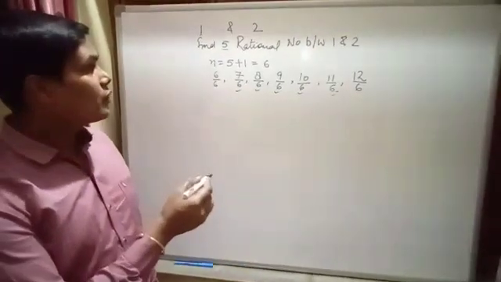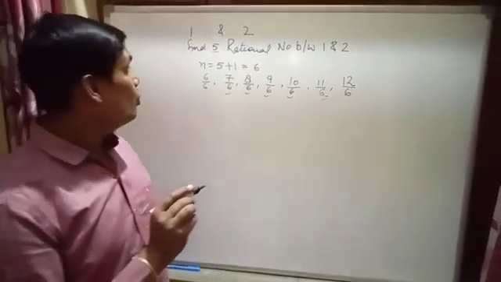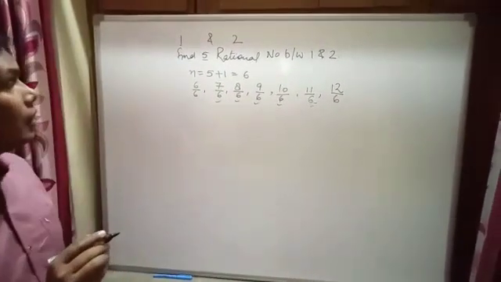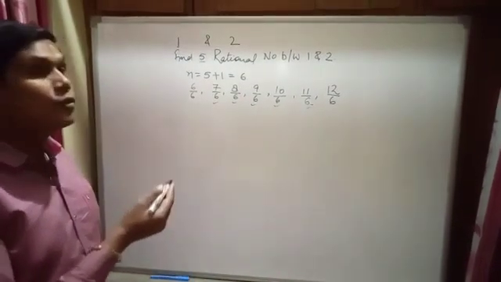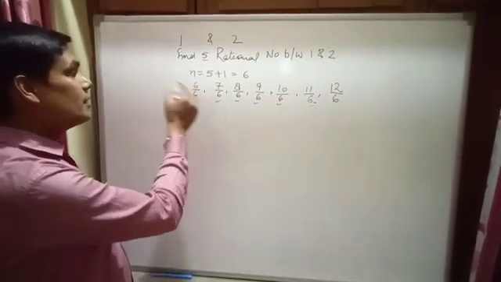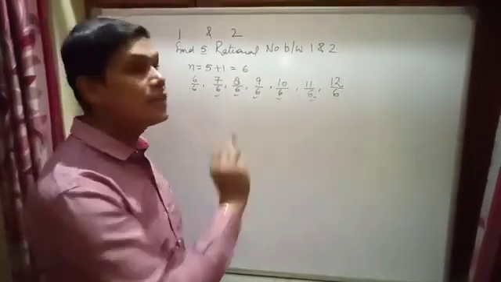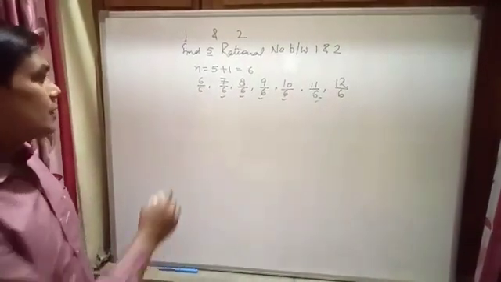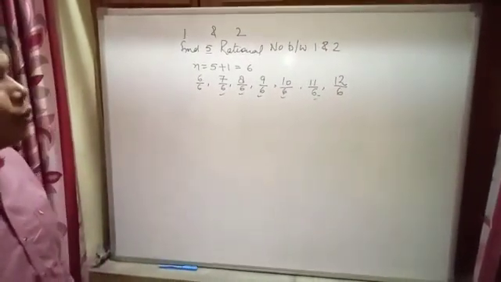You will get 5 plus 1 equal to 6. So write 1 in terms of 6. You will write it 6 by 6, and for 2 you will write it 12 by 6. 6 by 6 is equal to 1 and 12 by 6 is equal to 2.